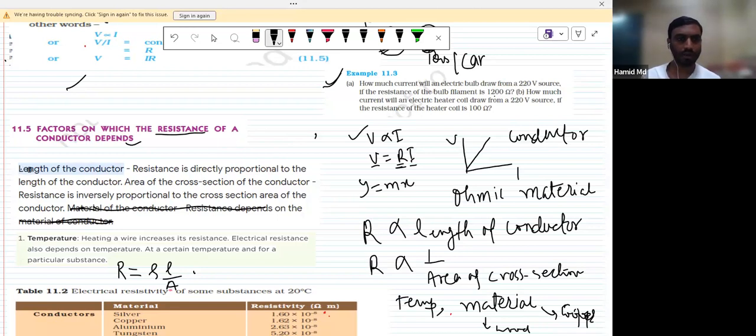You may not write this line. Just start from here.